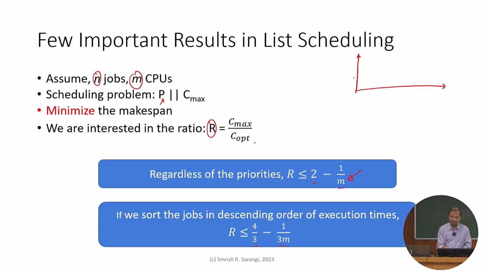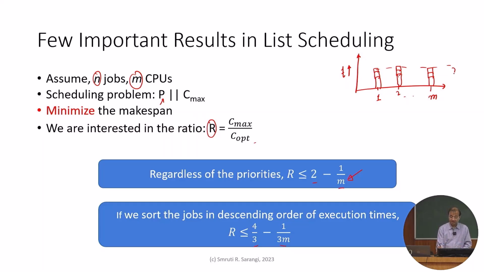So let us take the same diagram that we have been drawing. Time goes up. So let us say I have M CPUs. So consider the case where all the jobs I'm able to schedule and they are perfectly balanced, in the sense that this is the second CPU, I schedule this job, perfectly balanced, right? Which means that all of them finish at the same time.